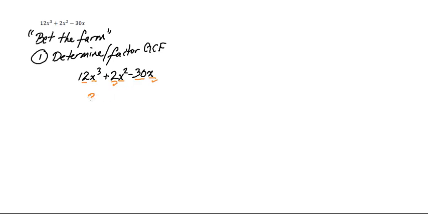So I'm going to pull out a 2 to match the numbers, and an x. And then the bit that I'm left with would be 6x squared, because I would have a 6 after I pulled a 2 out of it, and then 2 x's where I once had 3, plus x minus 15.